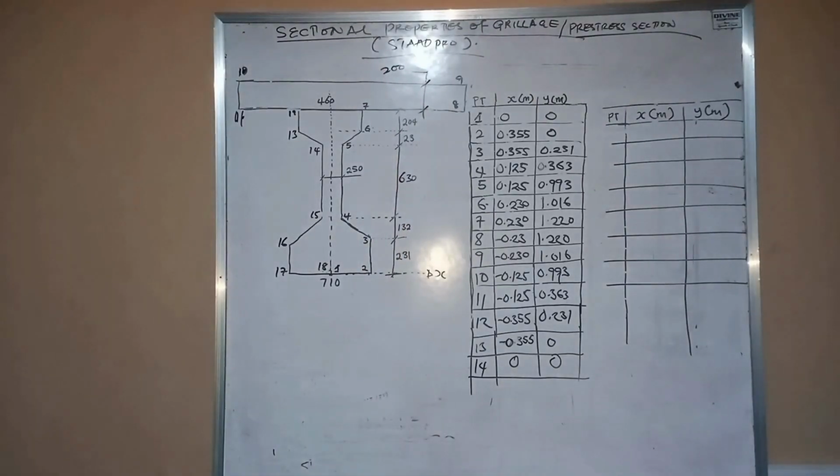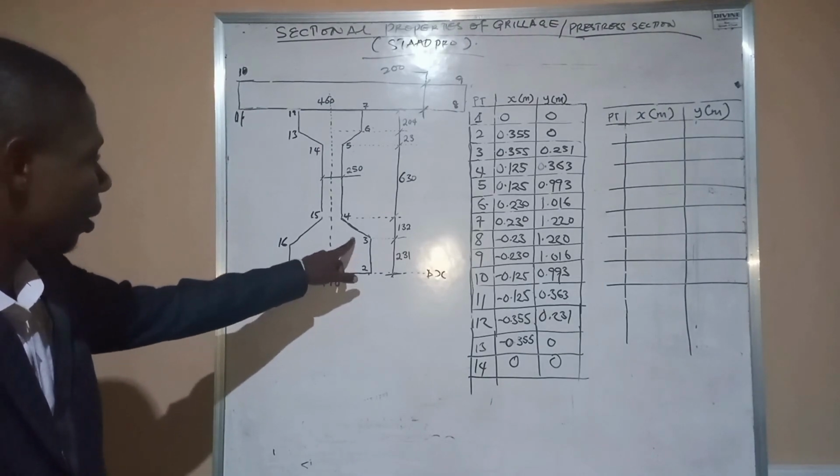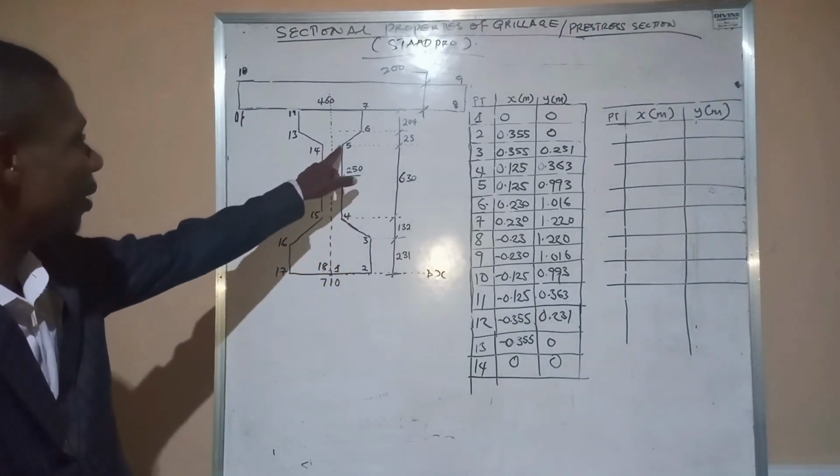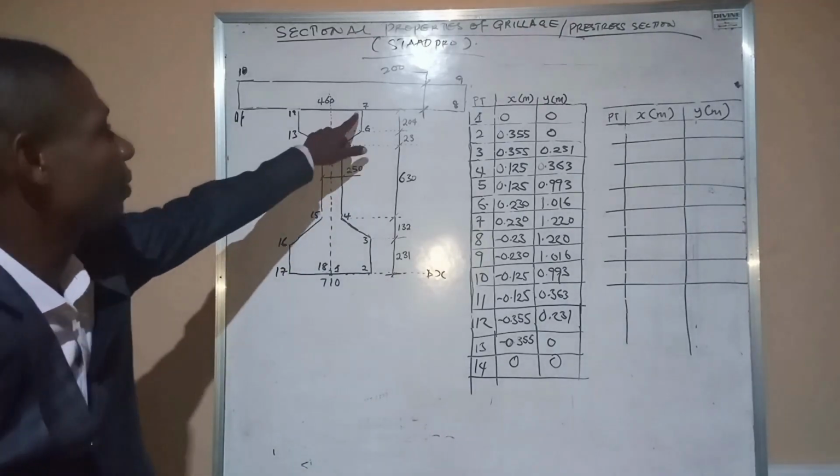Okay, now having gotten this, we have to calculate the section. Now if you observe, everything will remain the same from point 1, 2, 3, 4, 5, and 6. The coordinate will still remain the same up to point 7.